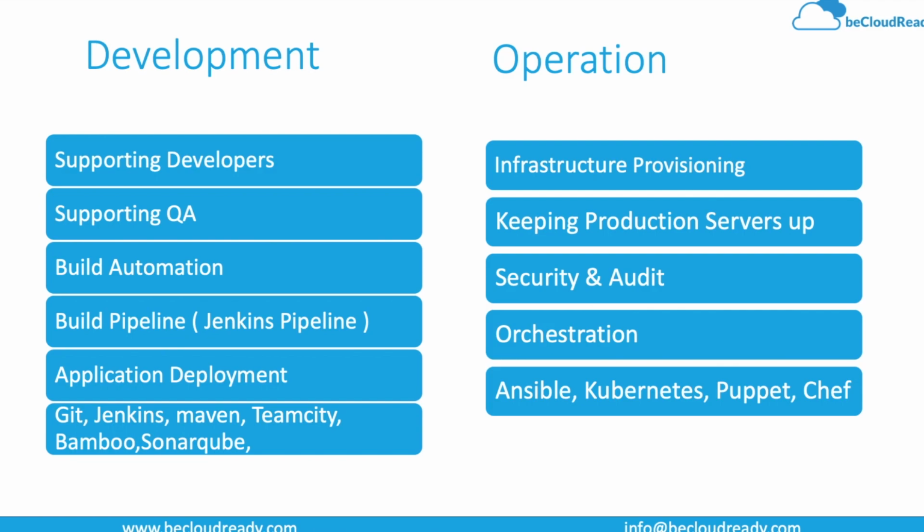Tooling includes Git, Jenkins, Maven, TeamCity, Bamboo, and SonarQube. On the operation side, you'll be doing infrastructure provisioning, like creating VMs, networks, and load balancers, and keeping the production server up and running. That is the most important thing. Plus security and audit, orchestration, with tools like Ansible, Kubernetes, Puppet, and Chef. And all this has to be done by one person. This is why it's called DevOps, developer operation.